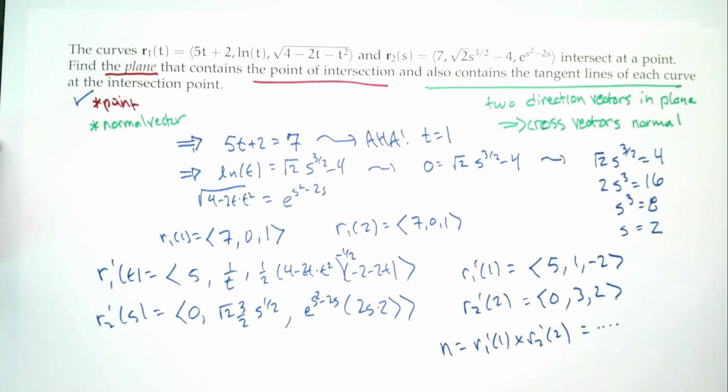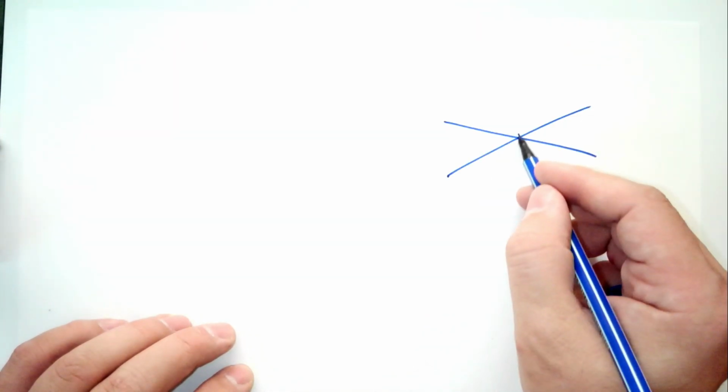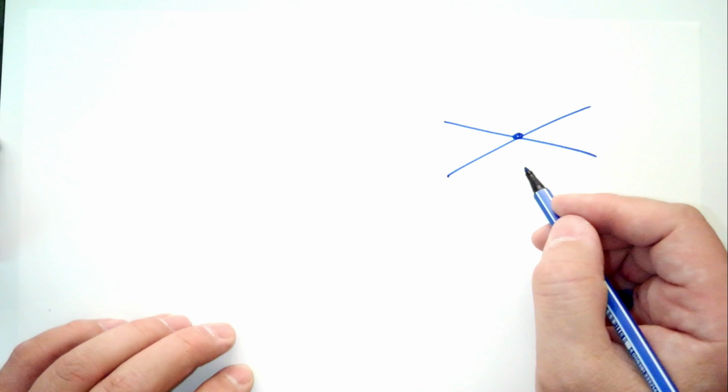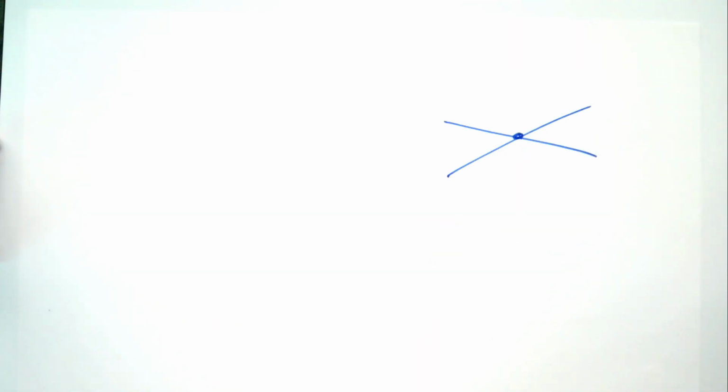Now, there's a case you could be in. You could imagine a problem where you have two lines which intersect, and you want to find the plane that contains the two lines. Then you actually have a lot more freedom.